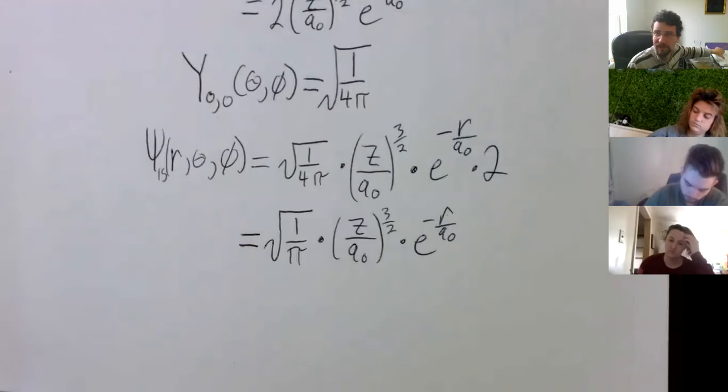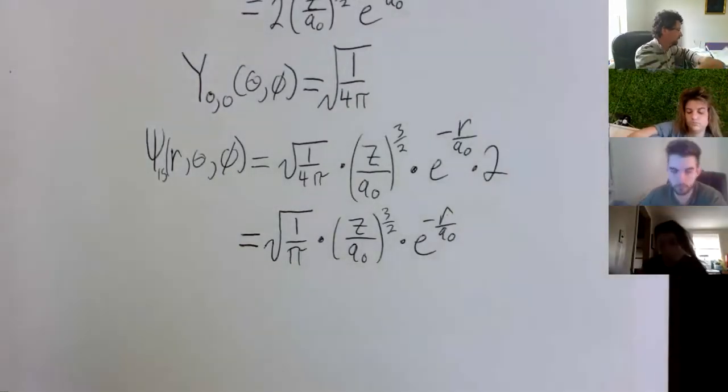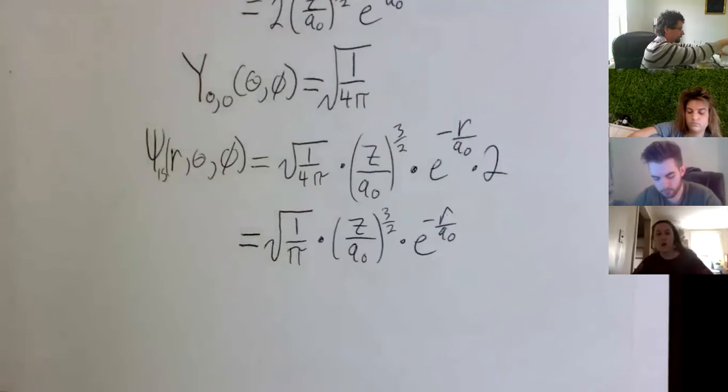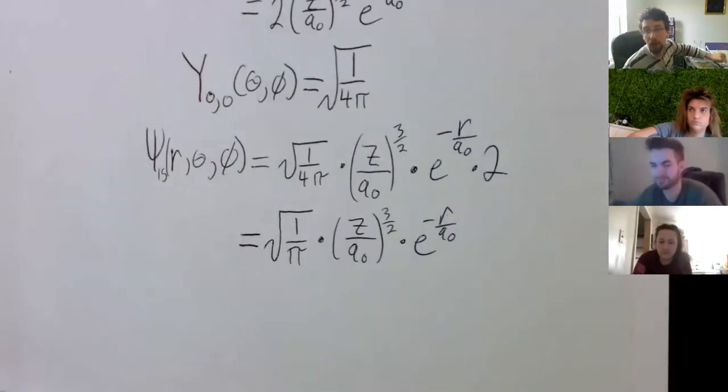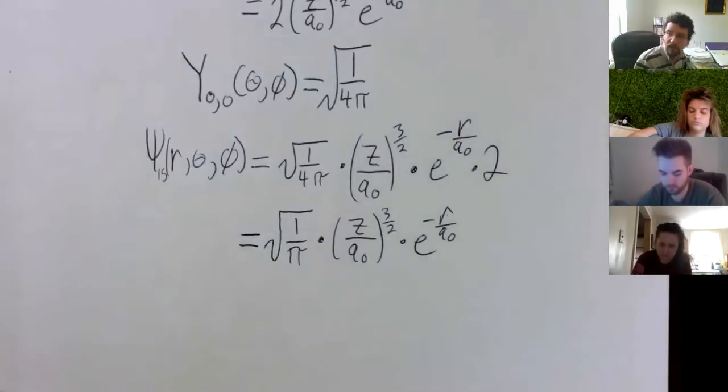Okay, so let's utilize this in practice. Everybody feel like they get an idea of how to do that? Like if I were to give you, I don't know, a 2px, you feel like you could do that?